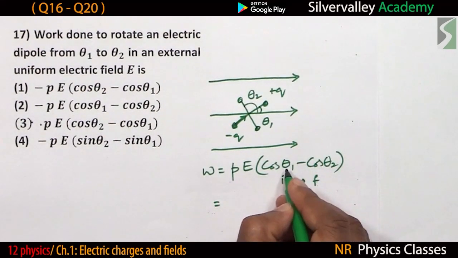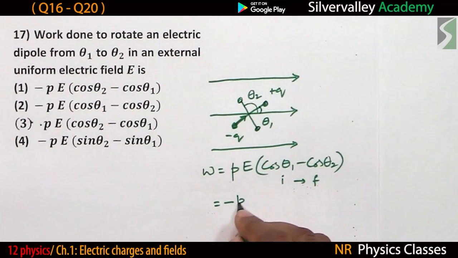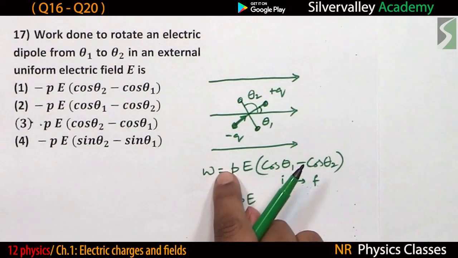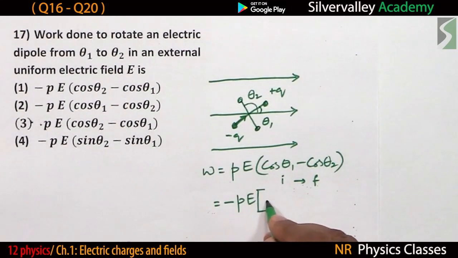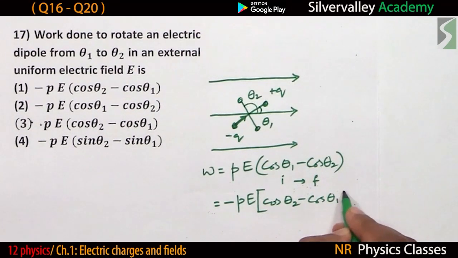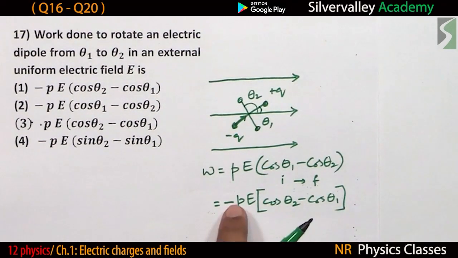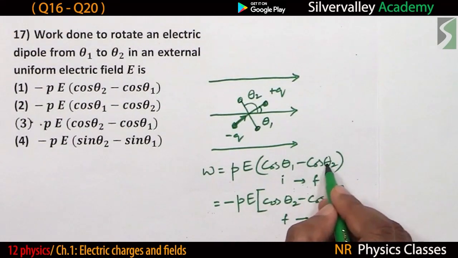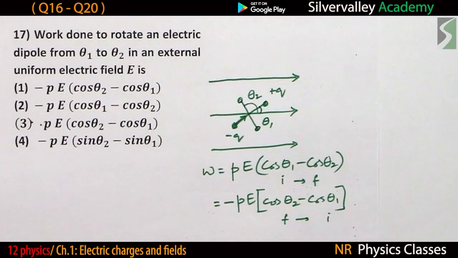You can also see equations like minus P E. Just take the negative sign as common factor, you will get cos theta 2 minus cos theta 1. So if it is minus, initial, final. If it is plus, initial should be the first term, final angular position should be the second term.